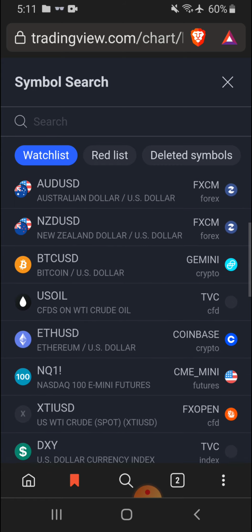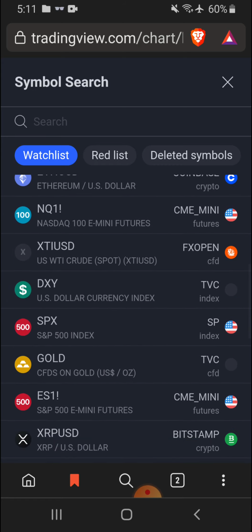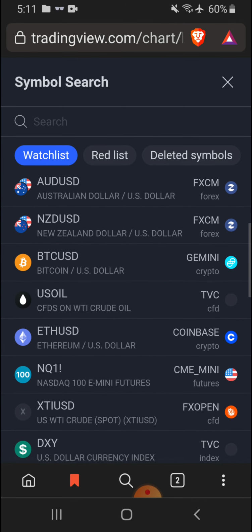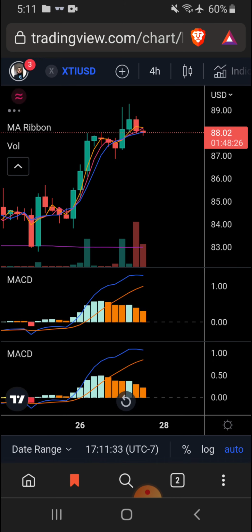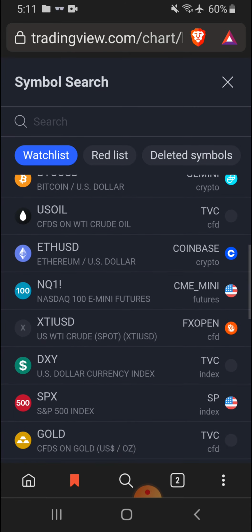That's the crude spot, and that is the CFD for West Texas Intermediate. So they should be around the same thing. That's kind of confusing, but you can maybe use both.